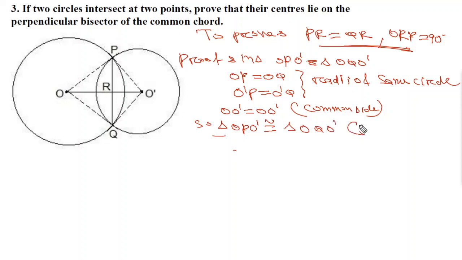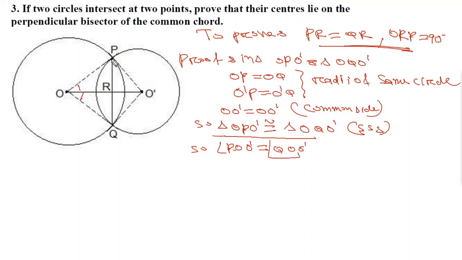You can give the reason: side, side, side. As both triangles are congruent, therefore angle POO dash will be equal to angle QOO dash. Look at this, these two angles will be equal.